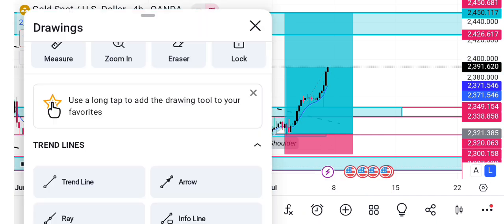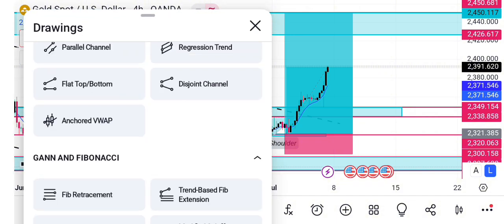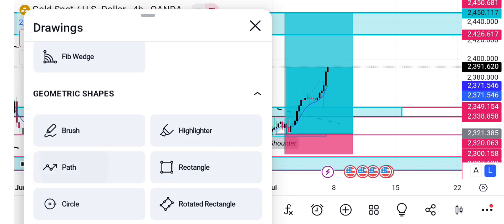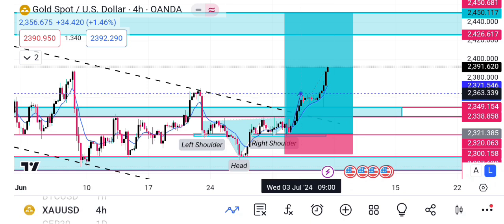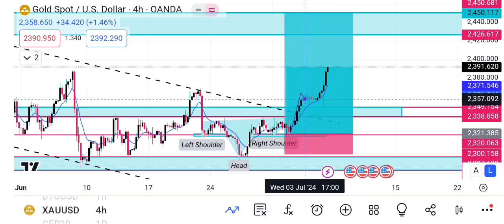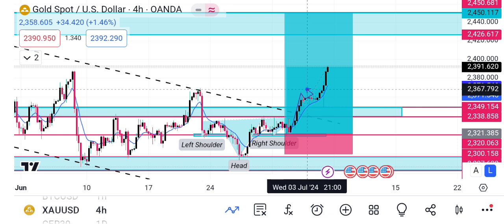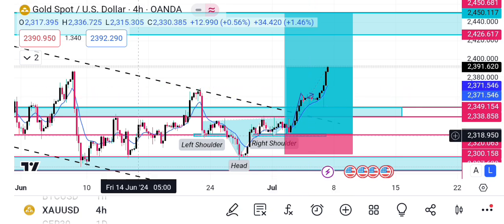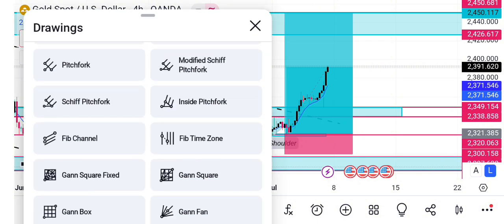So now guys, what I'm gonna be waiting for on this is that since we broke resistance, this resistance over here, and we played up, let me do this.